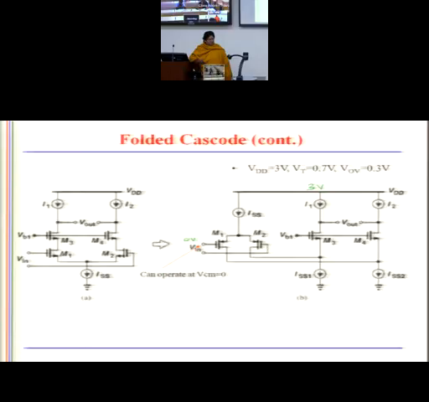Each arm is folded. So can I show you? Let me see if I can. I think I showed you how to fold. Do you remember how to fold? Goa campus, do you remember how to fold the structure? Yes, ma'am.